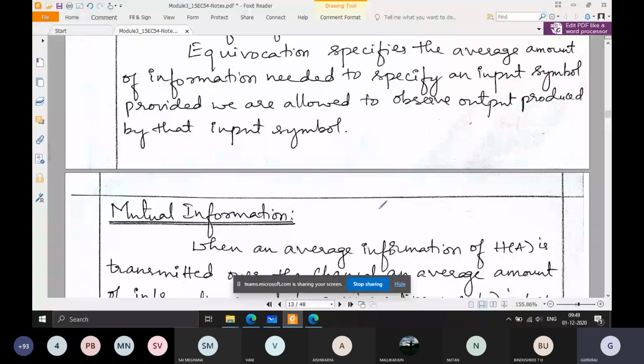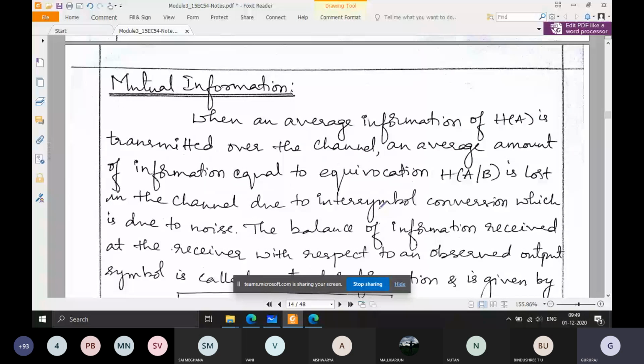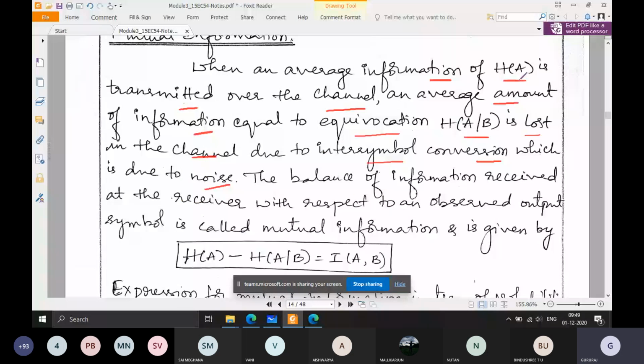Mutual information: when an average information of H of A is transmitted over the channel, an average amount of information equal to equivocation, which is H of A by B, is lost in the channel due to inter-symbol conversion, which is also known as due to noise. So you are transmitting H of A amount of average information, and H of A by B amount of average information is lost in the channel.